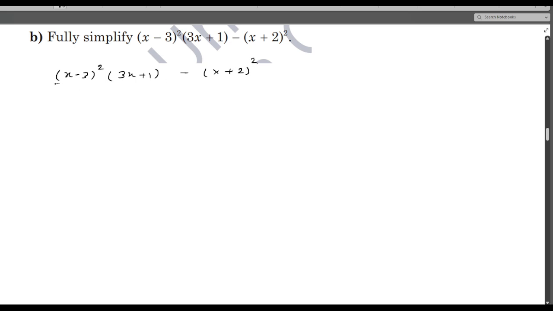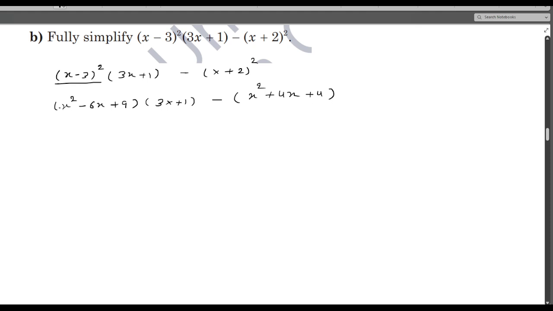Now I will directly write the expression for x minus 3 the whole square, which is x square minus 6x plus 9. So a minus b the whole square is a square minus 2ab plus b square, and this is multiplied by 3x plus 1 minus, I will expand here, x square plus 4x plus 4.